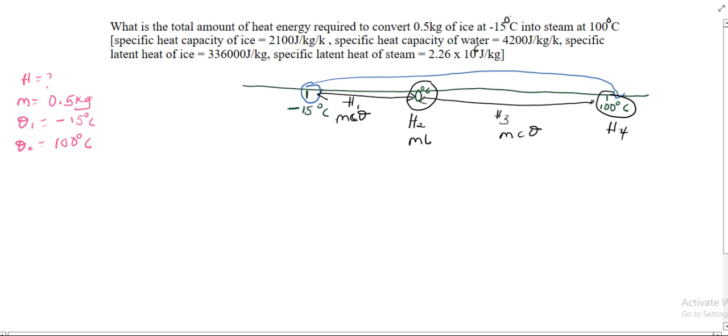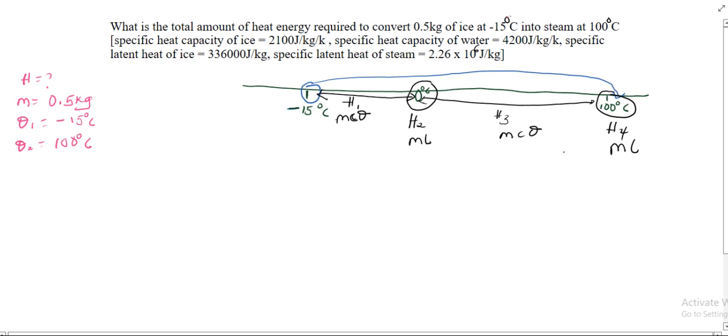And finally, to vaporize the water at 100, to change its state from liquid to gaseous state, which is the steam, we're using ml again.